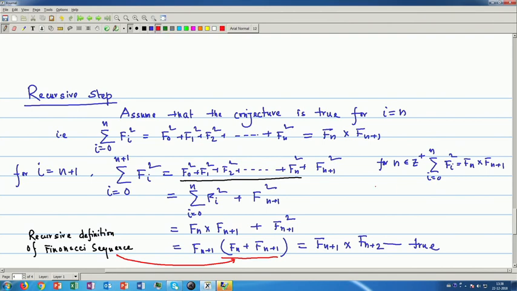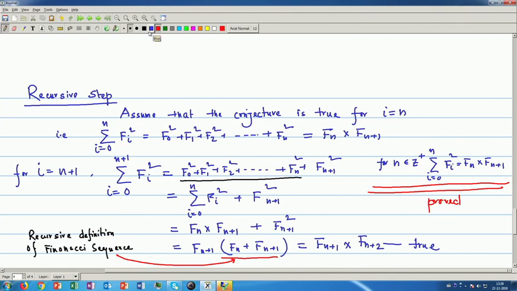This completes the proof, and in this way I can prove many such properties for this Fibonacci sequence.